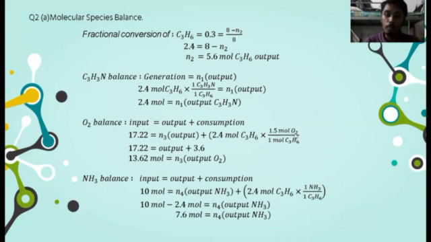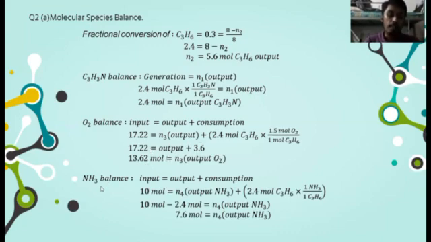The 1.5 mole O2 per 1 mole C3H6 is obtained from the stoichiometric coefficient of the given equation; the 1.5 is 3 over 2 of the oxygen. After multiplying, we get 3.6. Then for the output, as usual, we subtract it from 17.22. So N3, the output of oxygen, is 13.62.